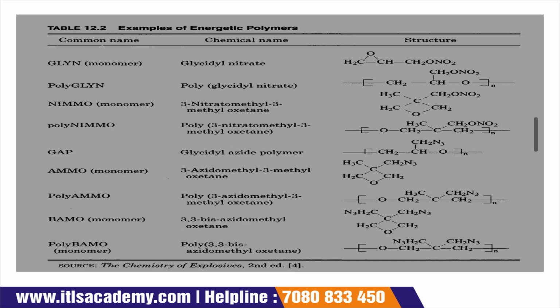Now this table gives examples of energetic polymers, their common name, their chemical name, and their structure. GLYN, that is the monomer, and the chemical name is glycidyl nitrate. PolyGLYN, polyglycidyl nitrate. NIMMO, 3-nitratomethyl-3-methyl oxetane. PolyNIMMO, poly 3-nitratomethyl-3-methyl oxetane.